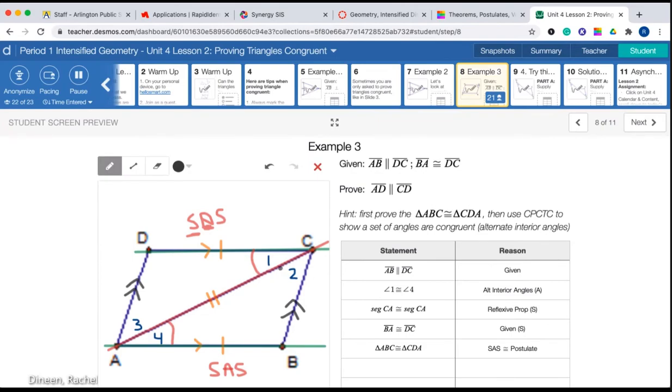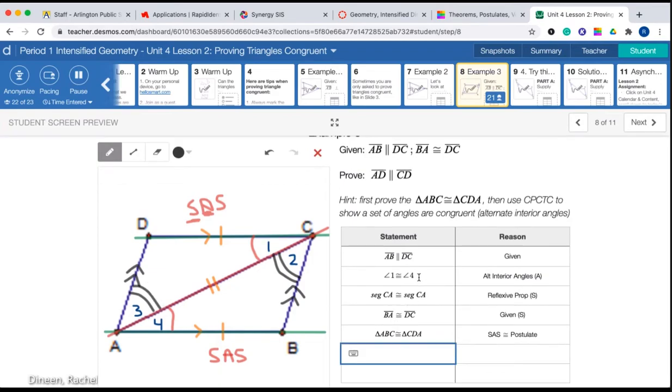So that would mean that angle 2 is congruent to angle 3. So why is angle 2 congruent to angle 3? We've proven the triangles are congruent, so all of their corresponding parts are congruent. So corresponding parts of congruent triangles are congruent.